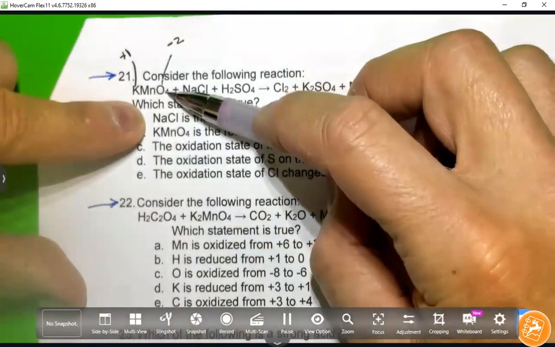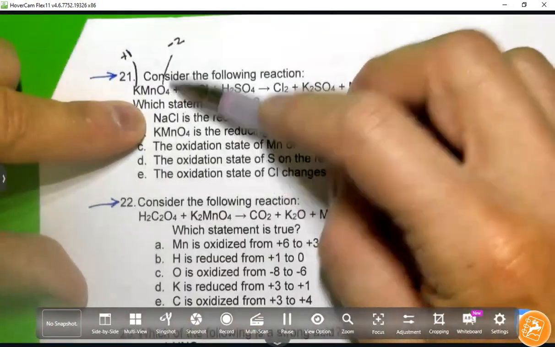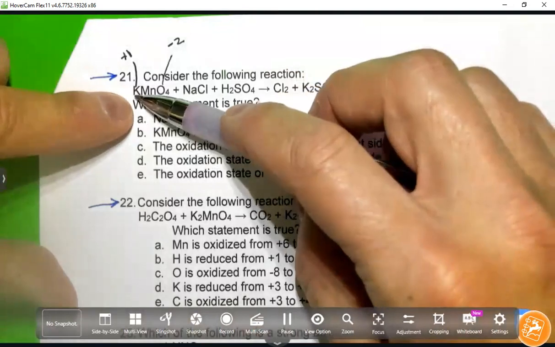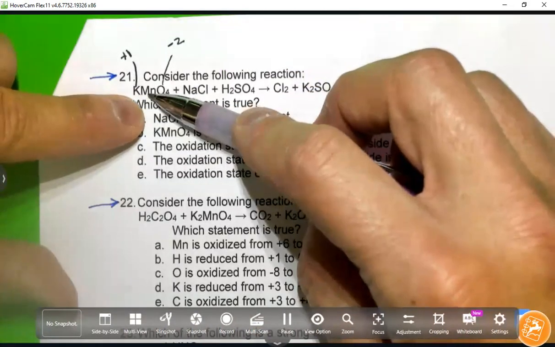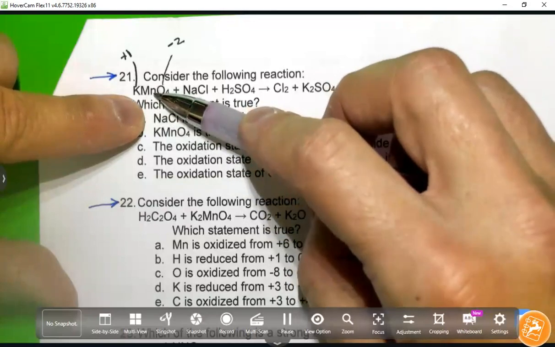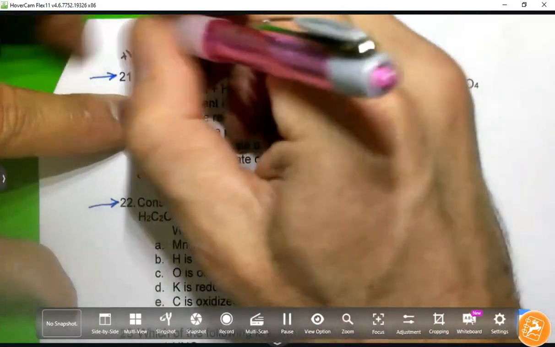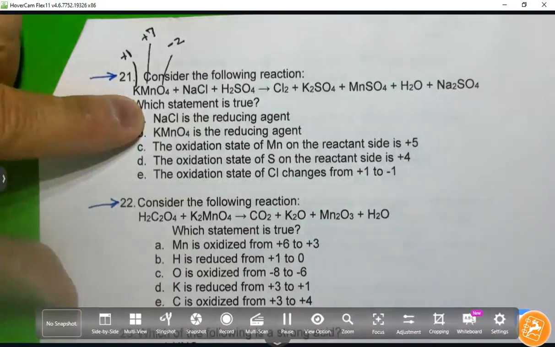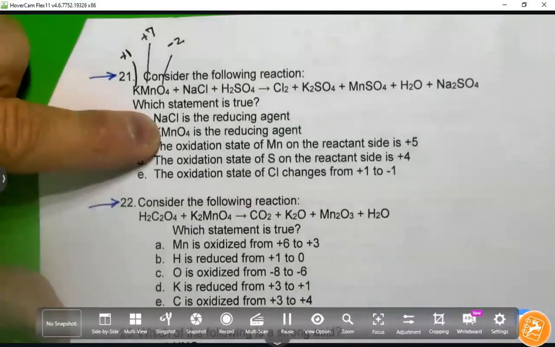This gives us -8 because we have 4 of them, correct? This is -8 plus 1, then we have to have a +7, right? So we got a +7 there.